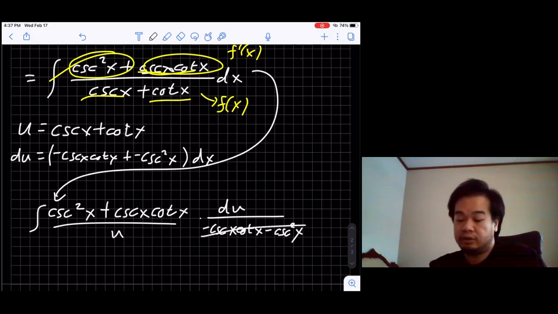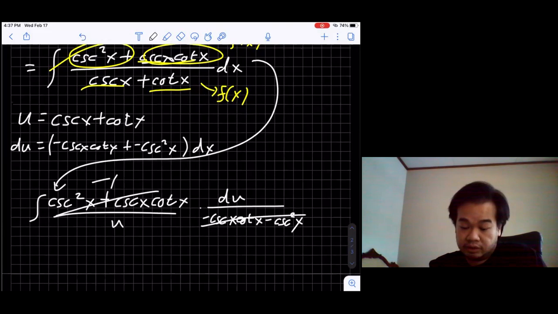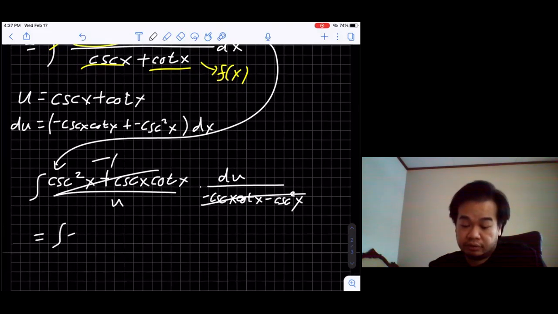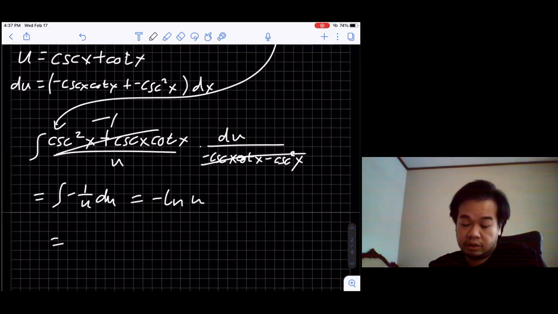And actually we can cancel it with a factor of negative 1, right? So in this case, it is equal to integral of negative 1 over u du, which is negative ln u, or equals negative ln cosecant x plus cotangent x plus c.